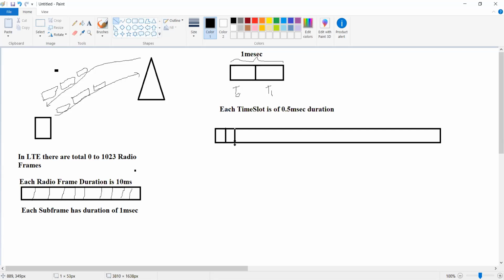It is 1 subframe, right? One more time slot, 1 more time slot, 2 subframe, 1 more time slot, 1 more time slot, 3.